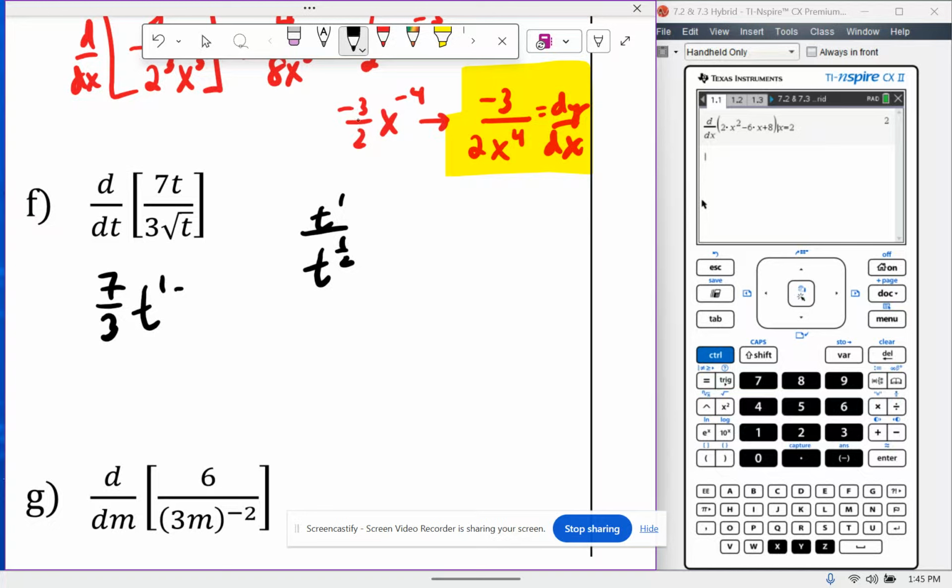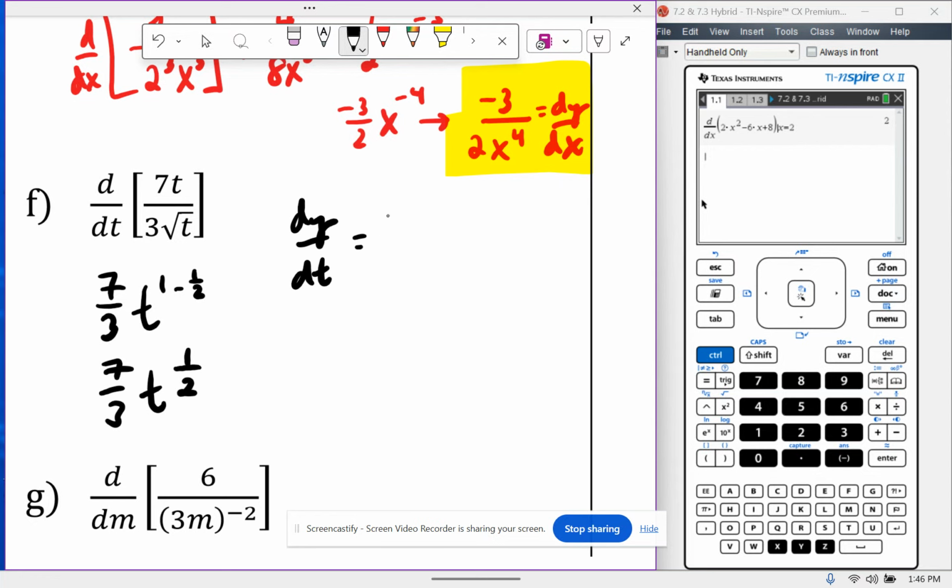Yeah, check it out, right? When you divide like powers, what do you do with the exponents? So you should have t to the 1 minus 1/2, right? Okay. Yeah. Okay. So now, that's it. Yep. Okay, so now we've got 7 over 3 times t to the 1/2. Okay, let's find the derivative with respect to t.